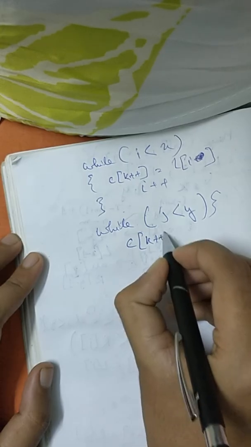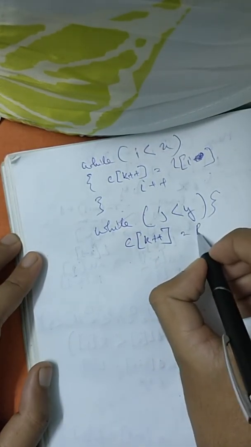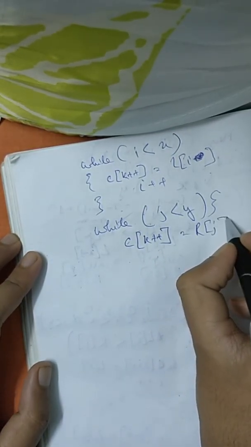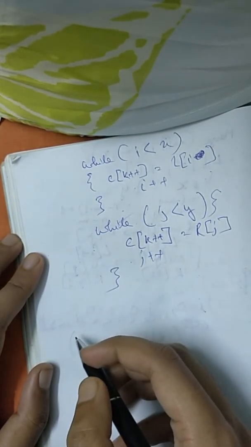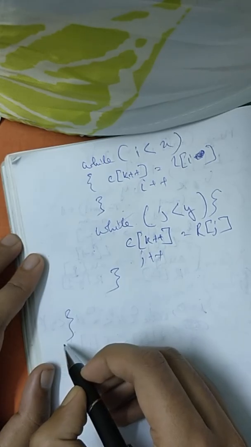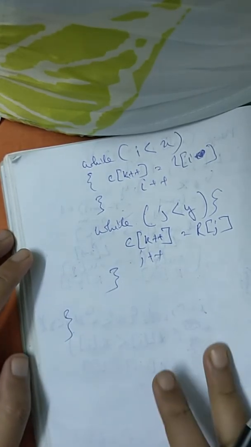If any of these remains, we just do this. So the remaining part of the array gets copied, and here we end our merge.